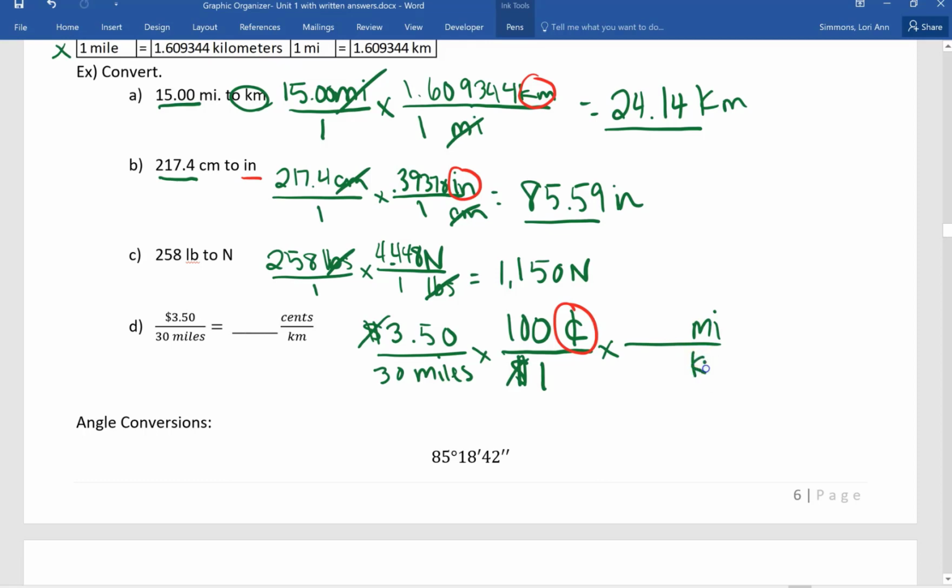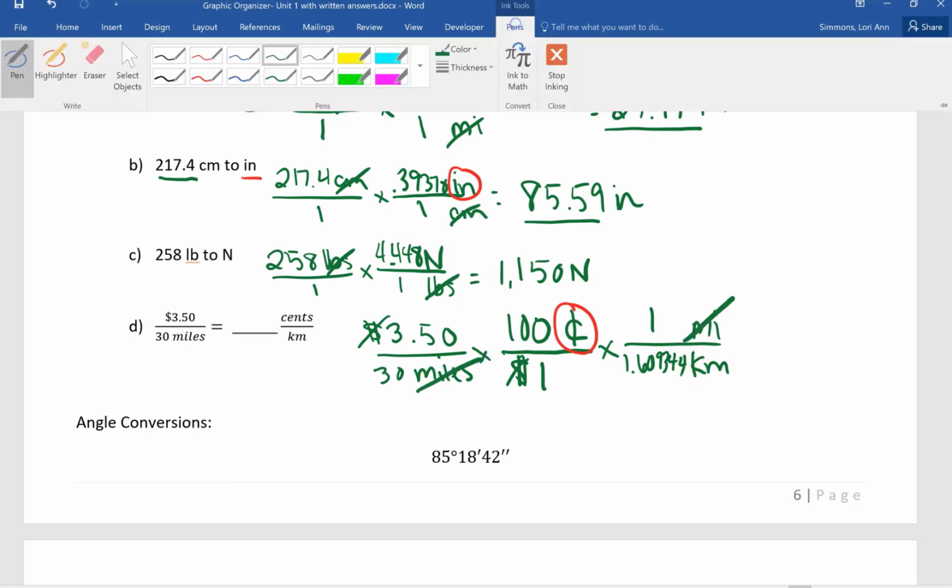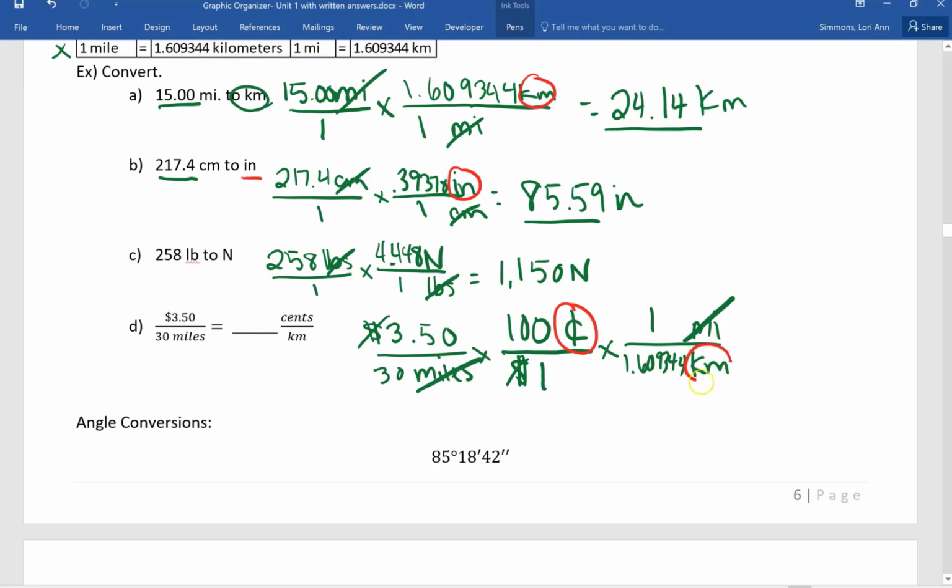And we want kilometers. So up here, we already did that conversion. So 1 mile was 1.60934 kilometers. So your miles cancel. Now our remaining unit is kilometers. So we have cents per kilometer.